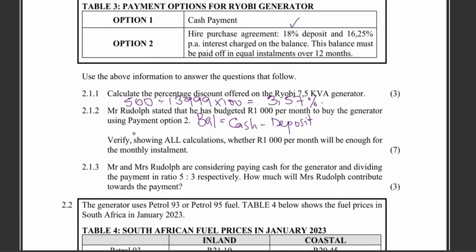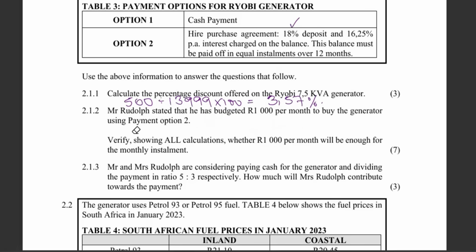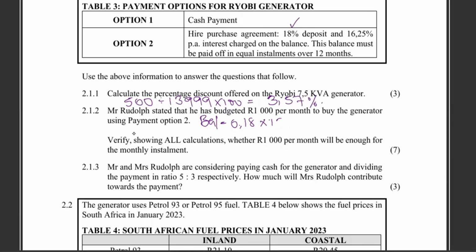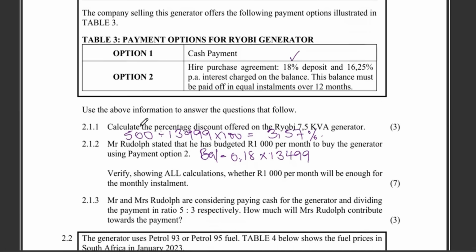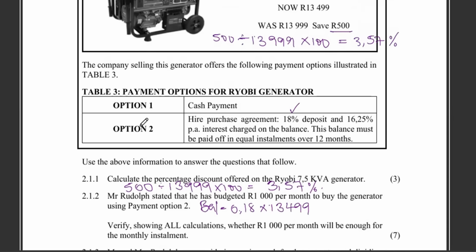In other words, you're going to reduce the cash money by 18%. So the deposit will equal 18% times the cash money. But remember, we are using the one after the discount, the now price.